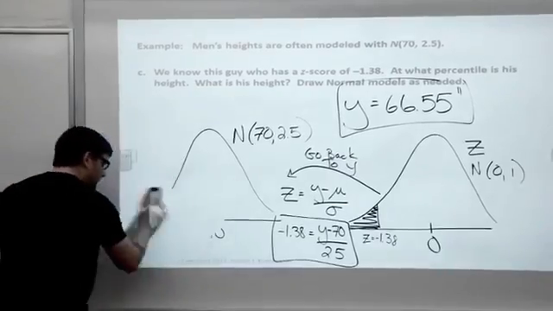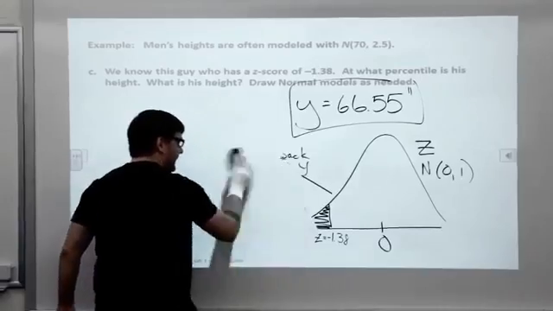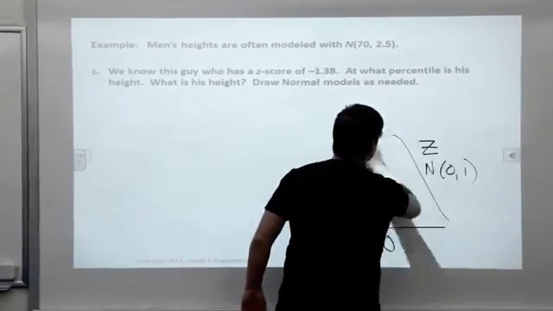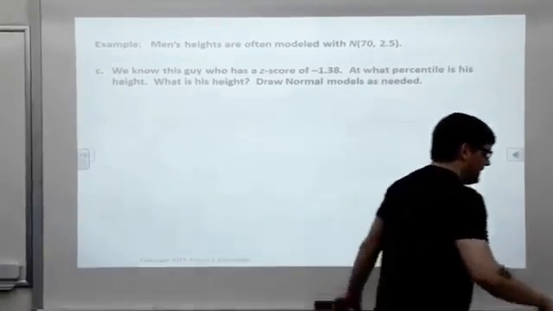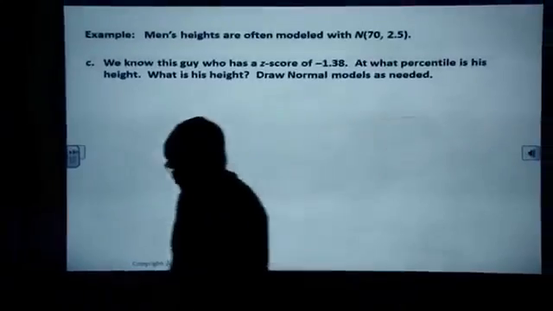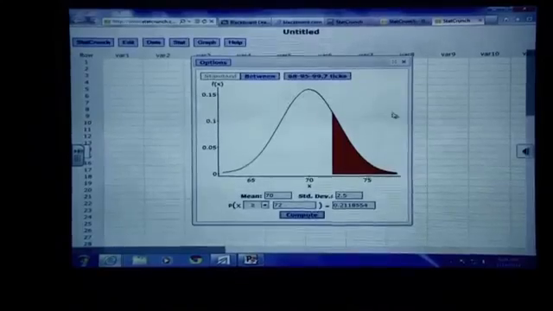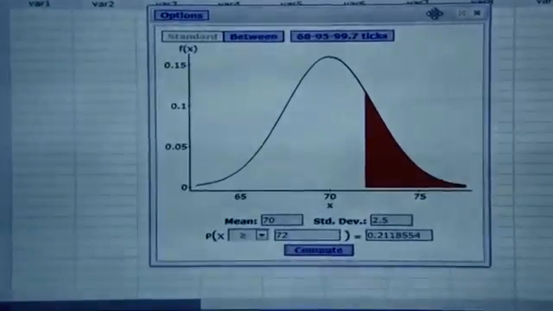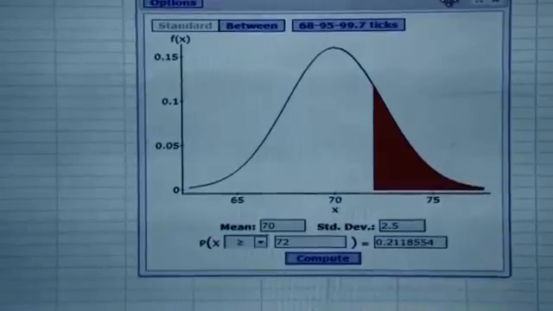All right, so I'll erase the board. You go to StatCrunch. By the time I get the lights off, you'll already have the answer. All right, we can get the answer using the z standard normal model.